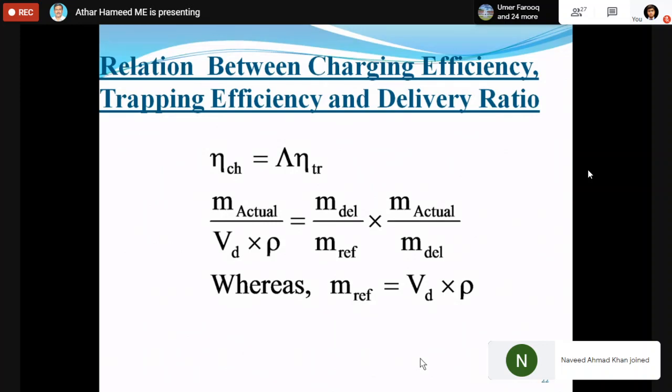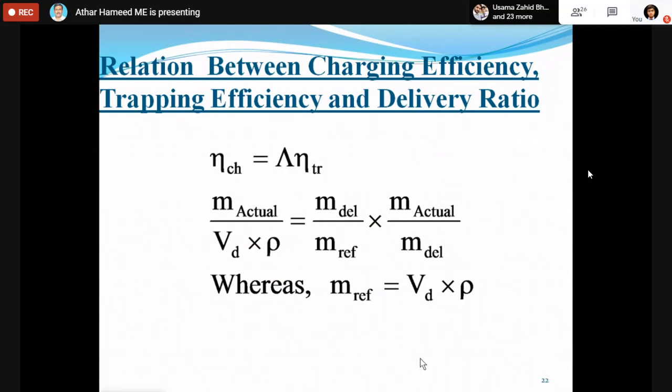So charging efficiency is delivery ratio multiplied by trapping efficiency. I told you yesterday, charging efficiency is M actual divided by reference volume. When we multiply, delivery ratio is delivered divided by reference, multiplied by actual divided by delivered. So charging efficiency is lambda times trapping efficiency.